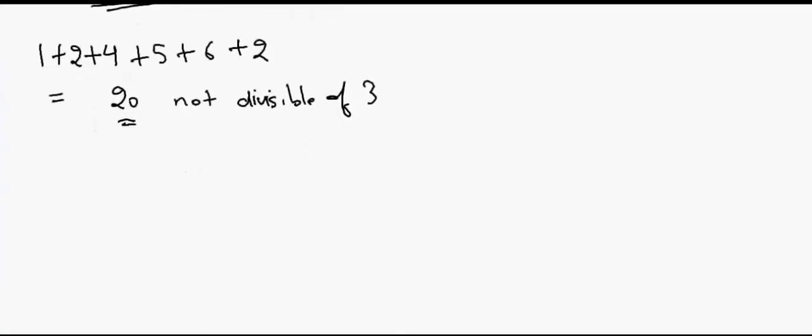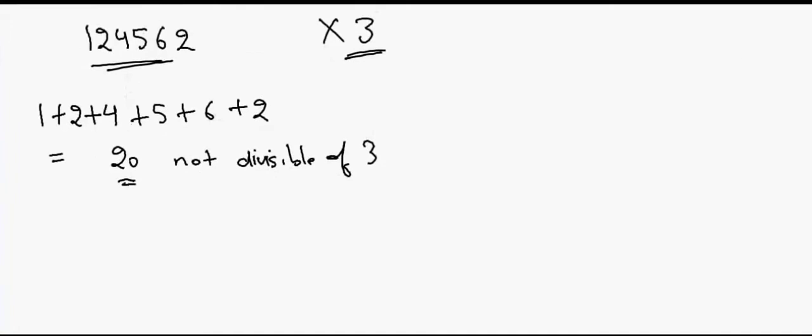So what should the number be if it has to be divisible by 3? Instead of 2, if you make it 3, so 1 2 4 5 6 and we write 3 at the end, then the sum will become 21. So that number should be divisible by 3.